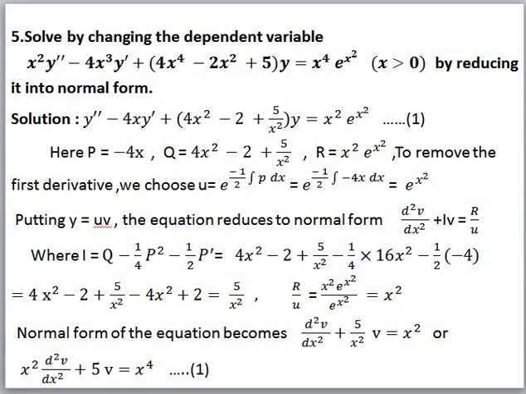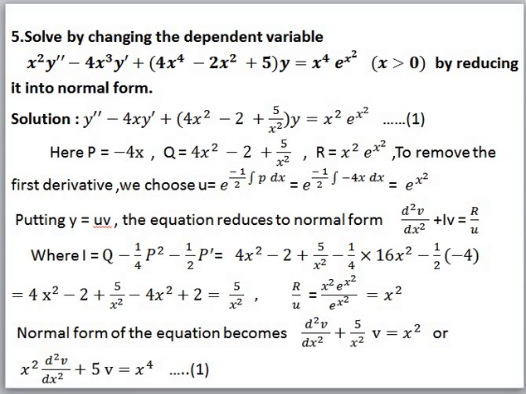We see some examples of x² y double dash minus 4x³ y dash plus (4x⁴ minus 2x² plus 5) into y is equal to x⁴ e^(x²) by reducing it into normal form.